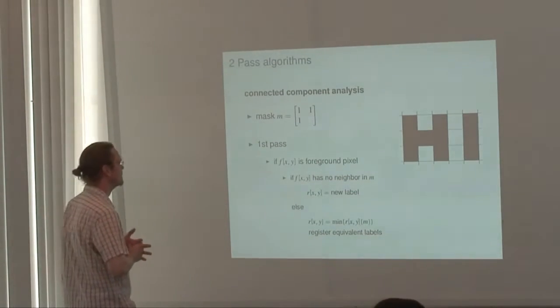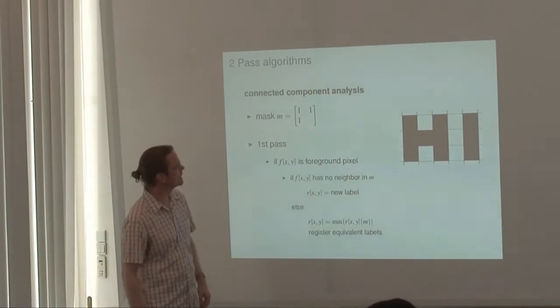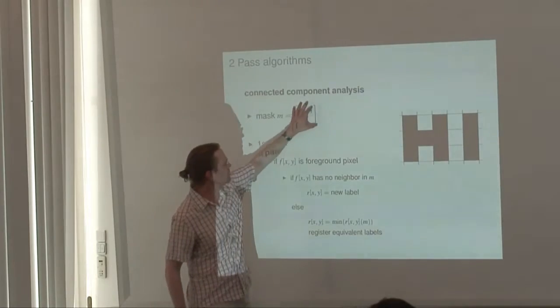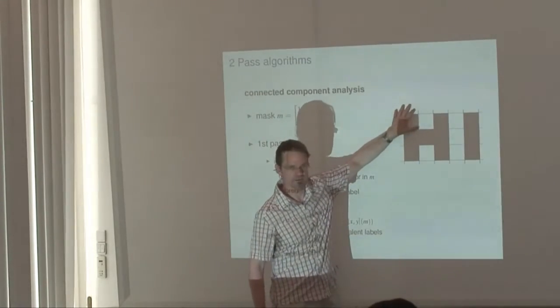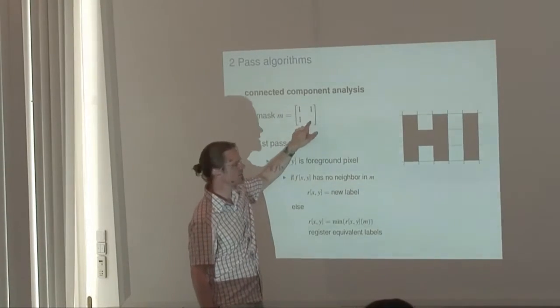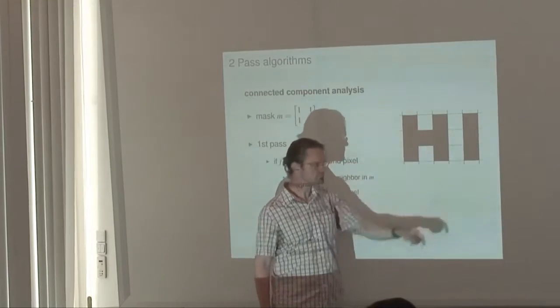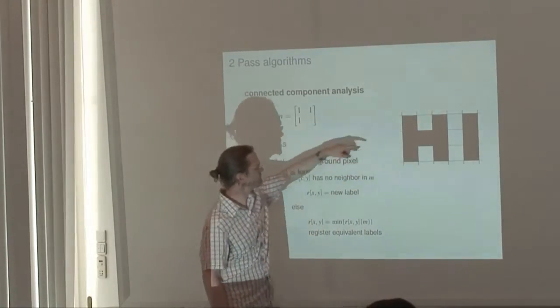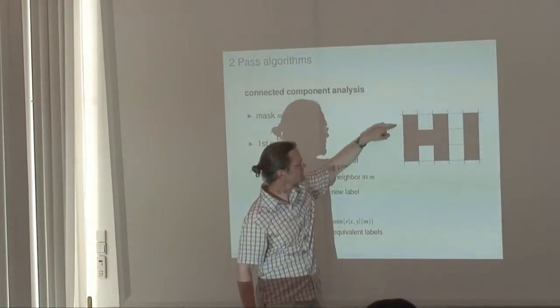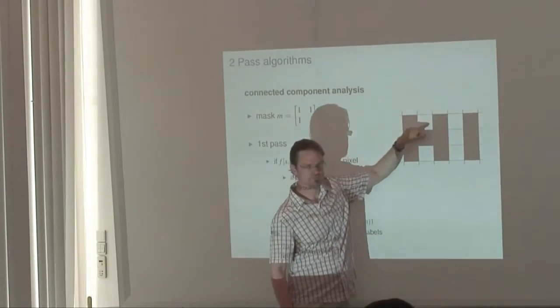The fundamental ingredient here is that we assume that there is a mask, and we would superimpose this mask on this pixel. This empty entry in the mask always corresponds to the pixel we are examining. And therefore these other three entries are the pixels on the top left of the pixel we are examining.